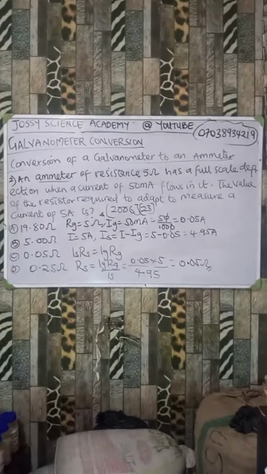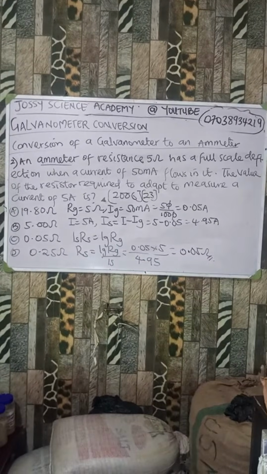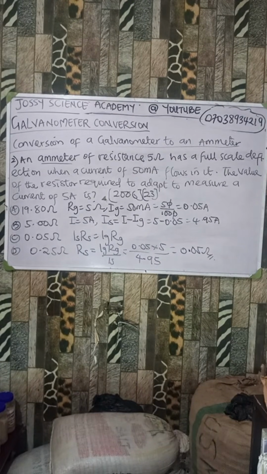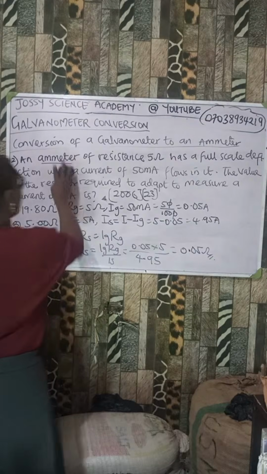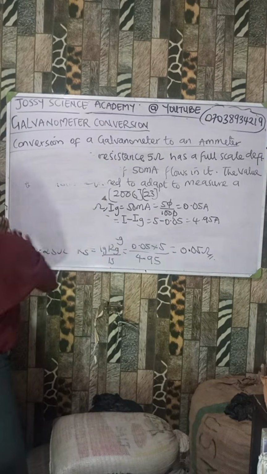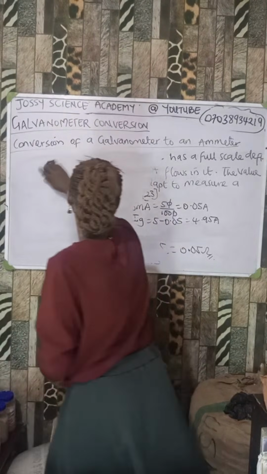Okay, sorry, we are back. Trying to put my power bank, but the phone will go off. All right, we are good. So let's go to the second part of the topic, which is the conversion of galvanometer to a voltmeter. Quickly, let's explain it and we solve.